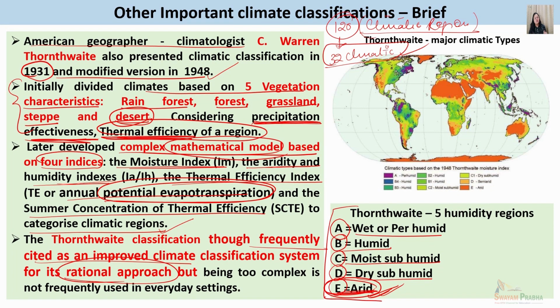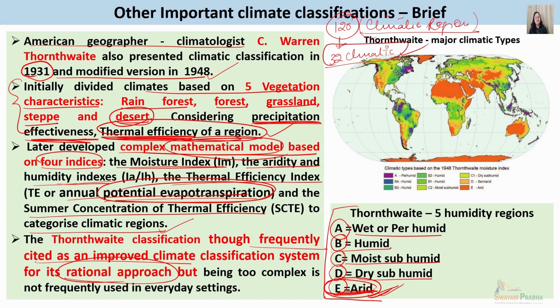His concepts of potential evapotranspiration, precipitation effectiveness, and thermal efficiency are considered very landmark concepts in understanding global climatic types. But we will not go into much detail of Thornthwaite's classification.